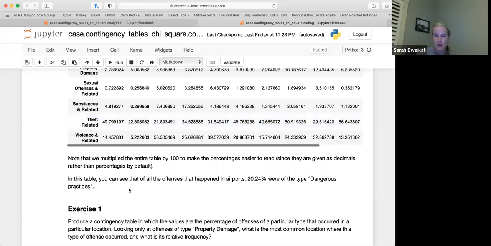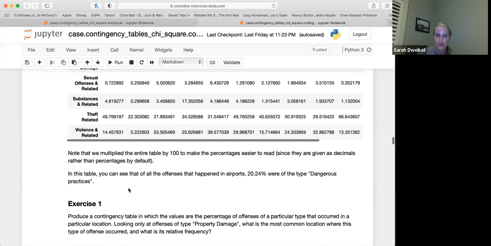So for exercise 1, you're going to try the code now. Produce a contingency table in which the values are the percentage of offenses of a particular type that occurred in a particular location. Looking only at offenses of type property damage, what is the most common location where this type of offense occurred, and what is the relative frequency?